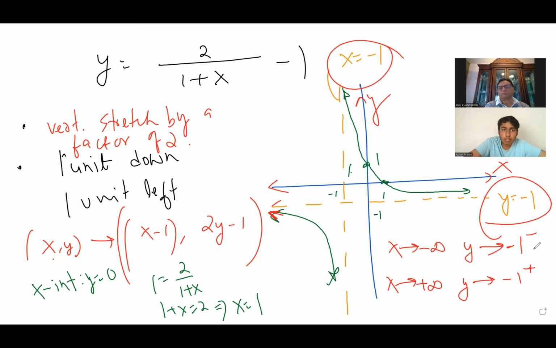Yeah, from above. So it'll be negative 1 from above. Is this part clear to you?